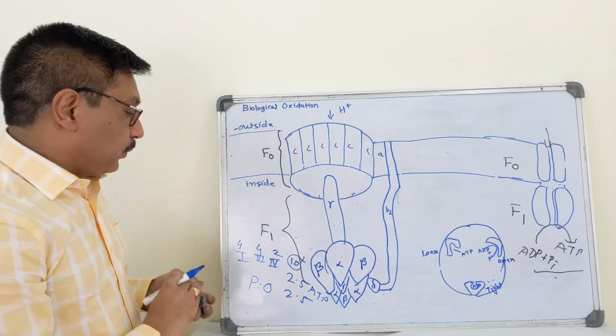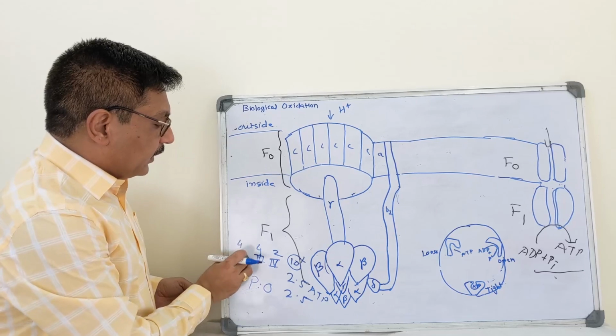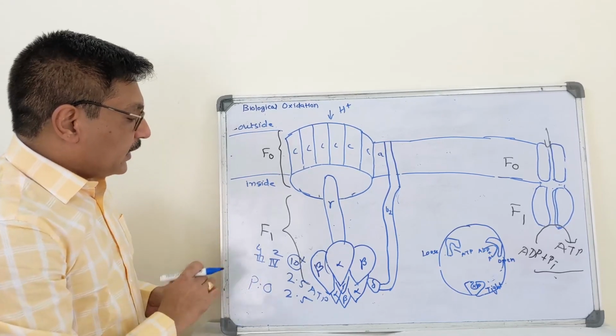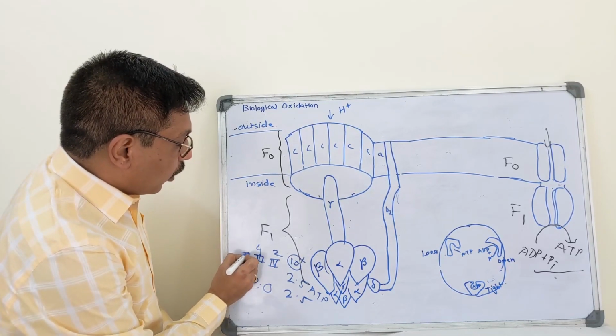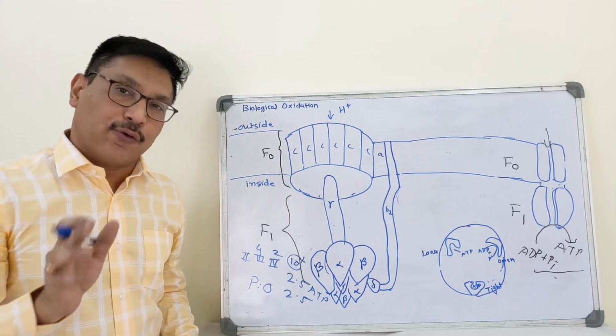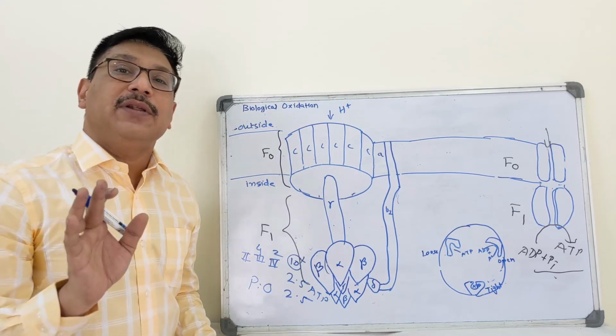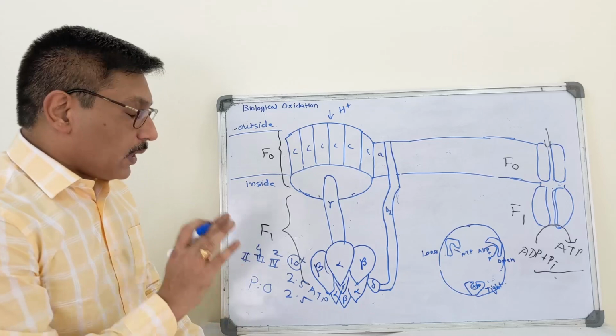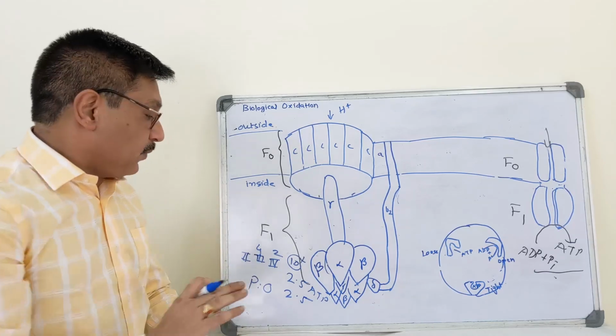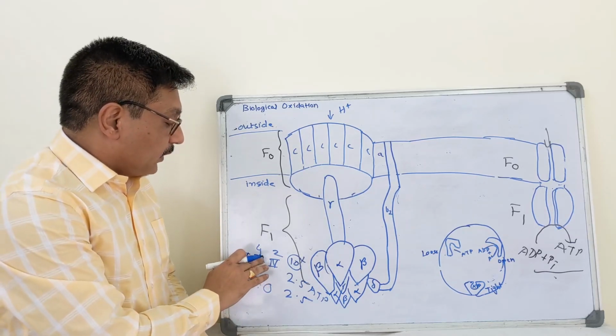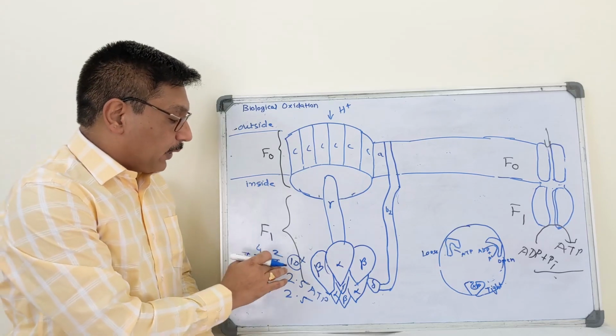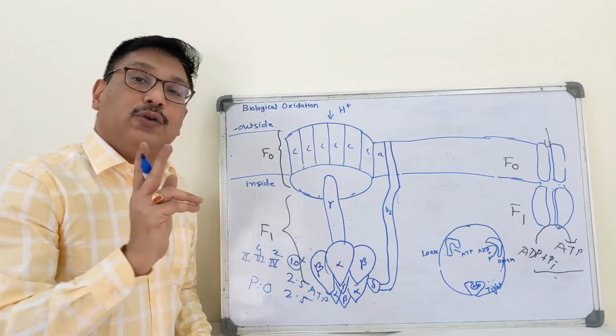Now the second scenario: if the substrate is oxidized via complexes 2, 3 and 4, how many protons are pumped? Protons are pumped at complex 3, and at complex 4, 2 protons.